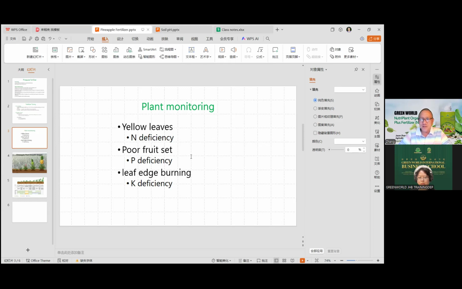Either you missed the corner when you applied the fertilizer, or that corner is too dry, a water issue. So when you see a lot of yellow, you need to see where it's located. The general principle is to see if the whole plants, the whole entire field, or the entire corner has leaf color change. That's a nutritional issue or water issue.